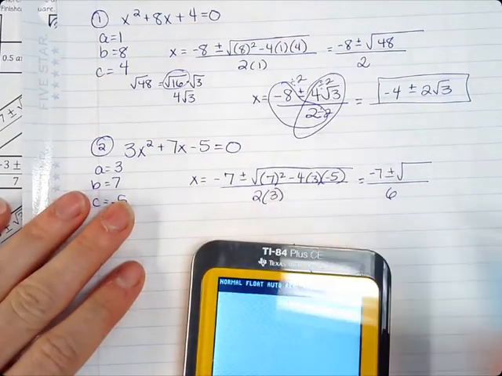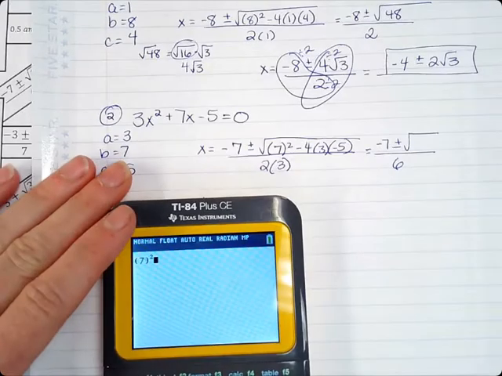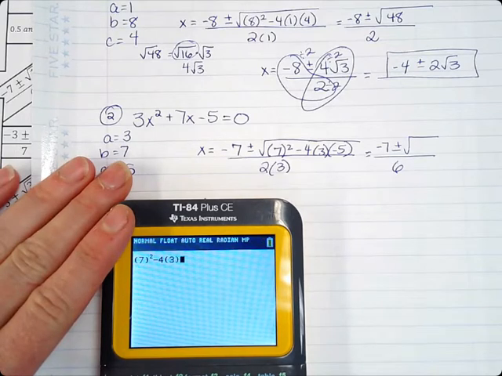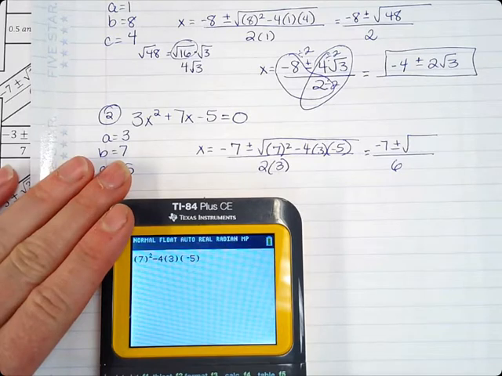So then we put this in there: 7 squared minus 4 times 3 times negative 5.